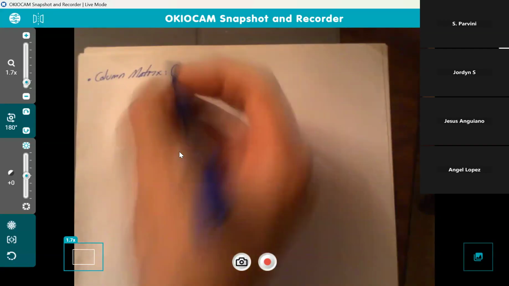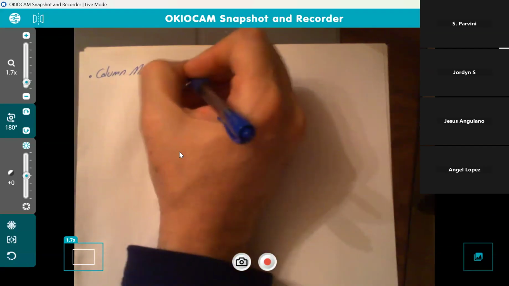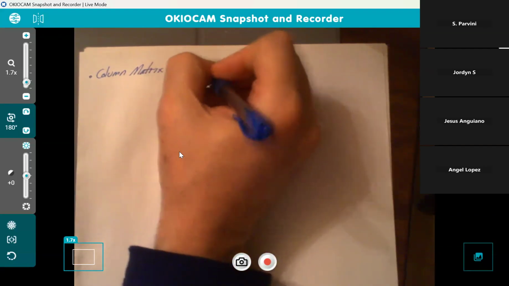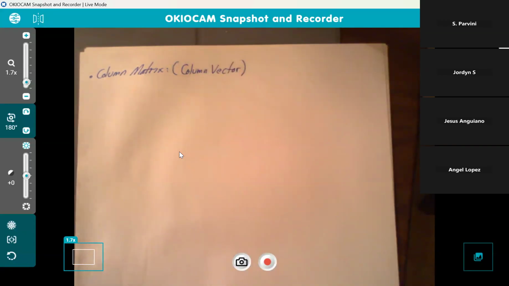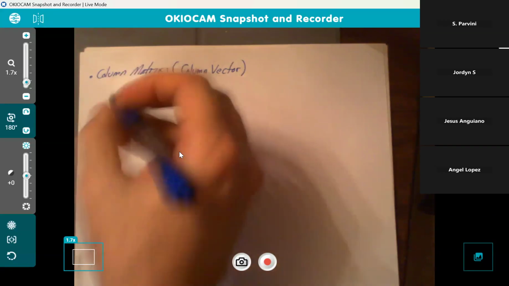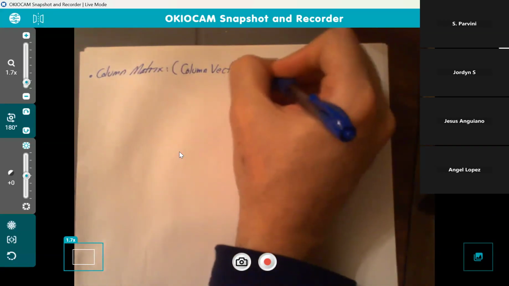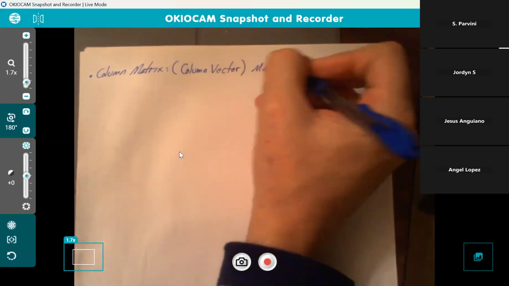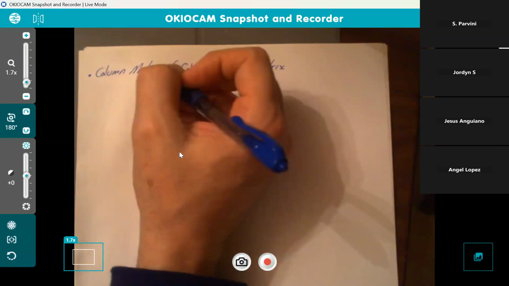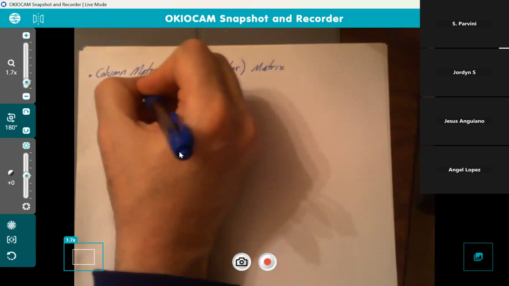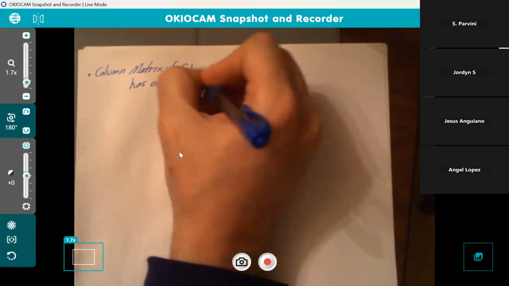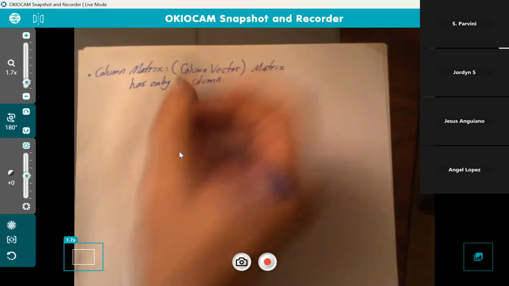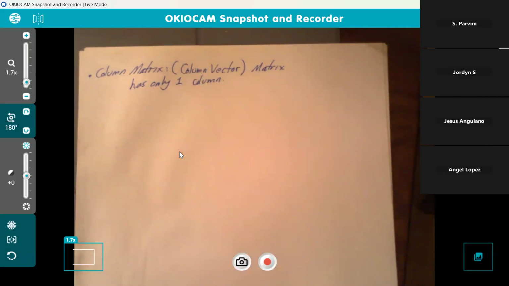So a column matrix, or it's also known as a column vector, either or. We'll see later the connection between vectors and matrices. So a column matrix is a matrix that has only one column, and hence the name column vector or column matrix.